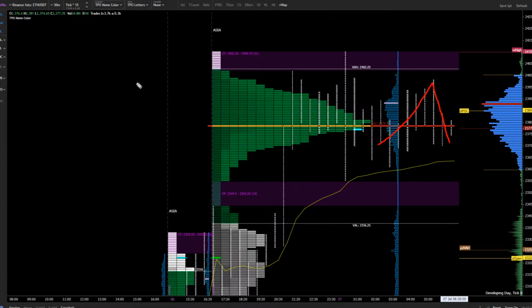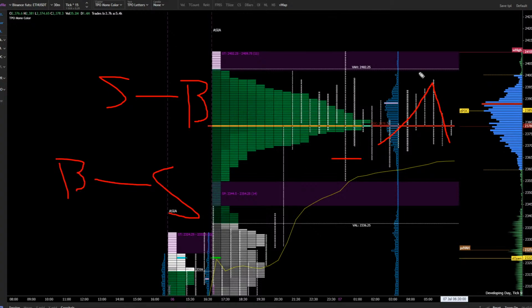When you're a seller and you get rid of your position, you're buying it back. And if you're a buyer and you get rid of your position, you're selling it. So if you buy down here, you are going to either sell down here for less than you bought it for, or sell up here for more than you bought it for, and vice versa.